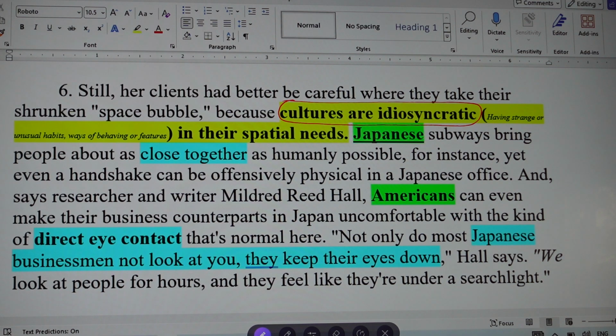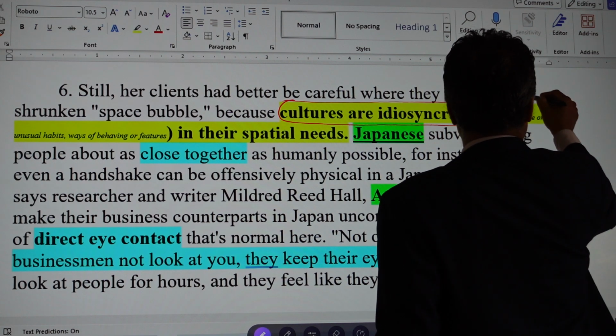An idiosyncratic teacher, you don't know what he does in class, right? Unpredictable. Idiosyncratic means unpredictable, not governed by logic and rationality. Cultures are unpredictable. This is the main idea.